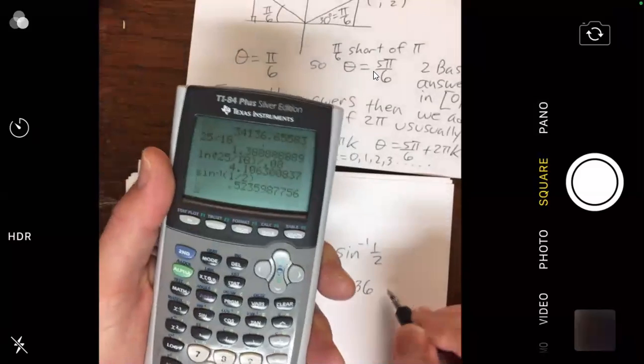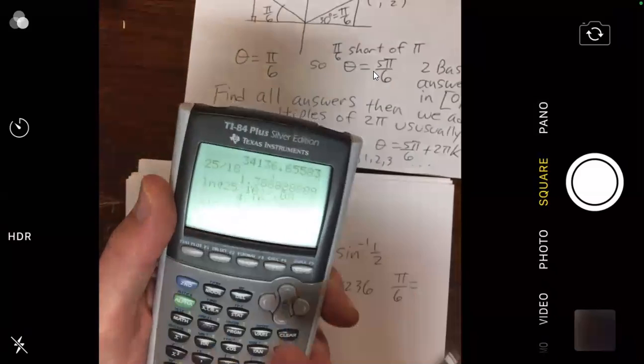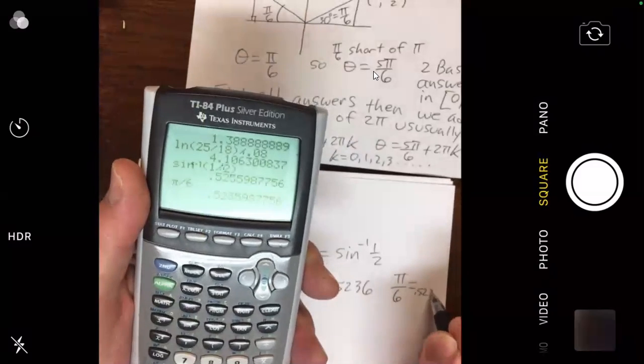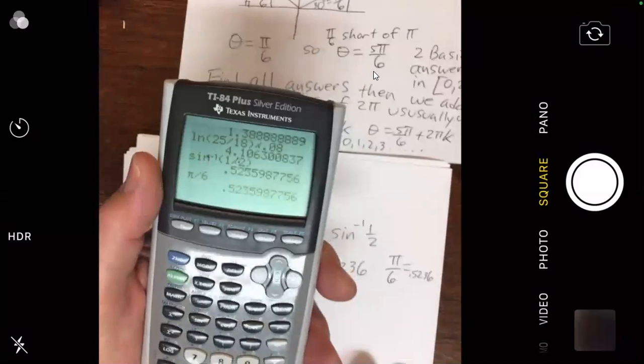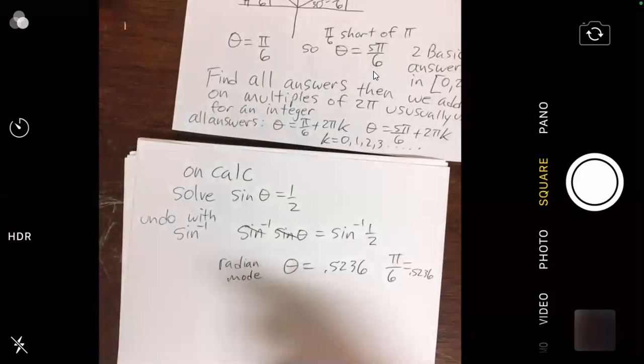And if I take pi divided by 6, there's my 0.5236. Okay, so you're only going to get nasty decimals out of these if you use the calculator.